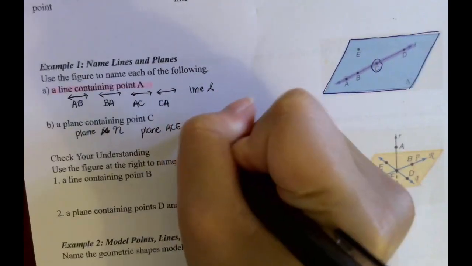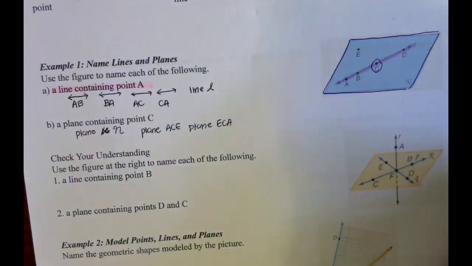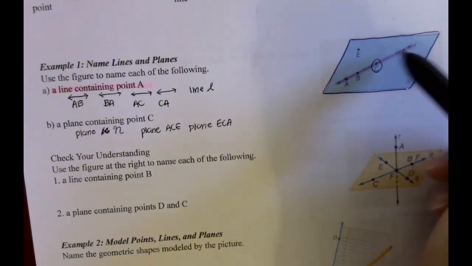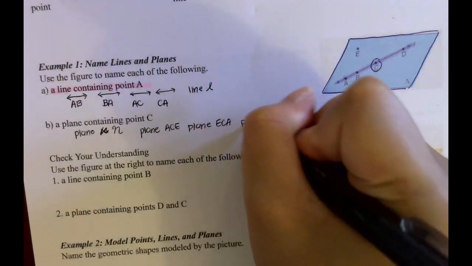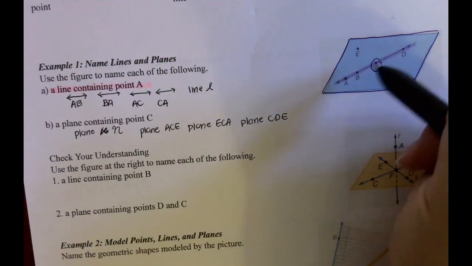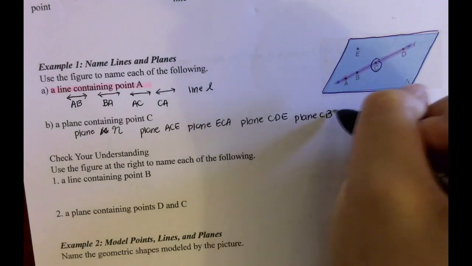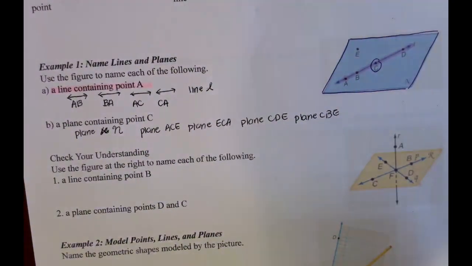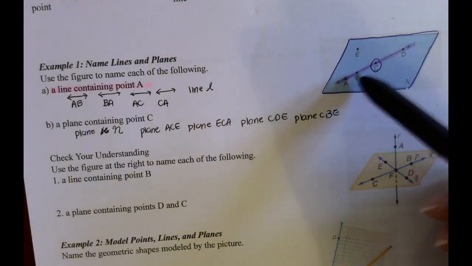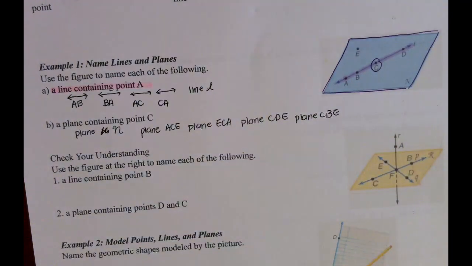Or you can switch the order if you want. You can do plane ECA, or something like plane CDE, or plane CBE. Or you can choose the exact same letters but switch it up. You just can't use 3 of the points on the same line.